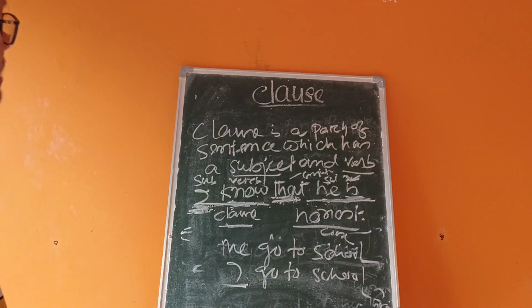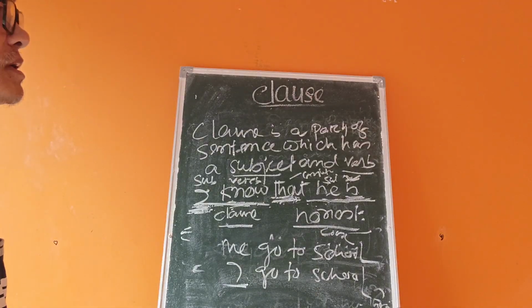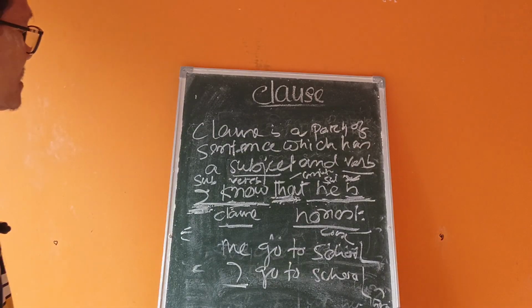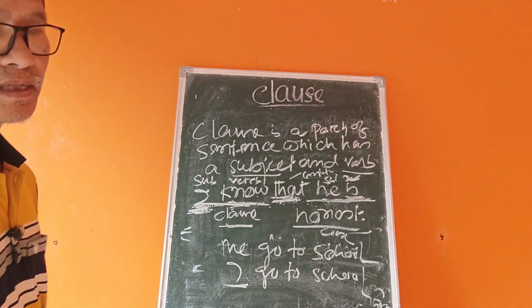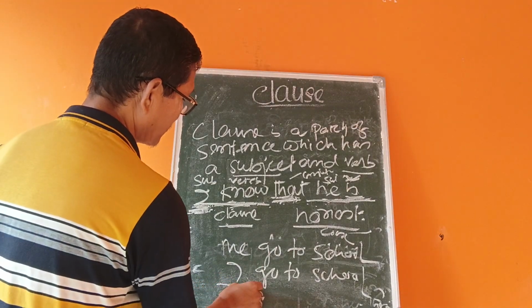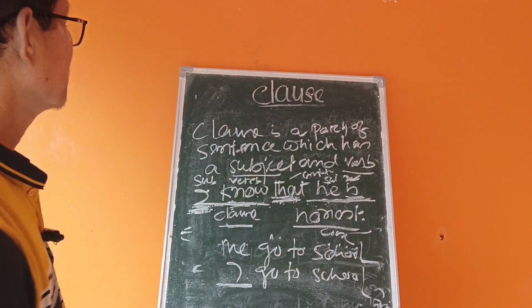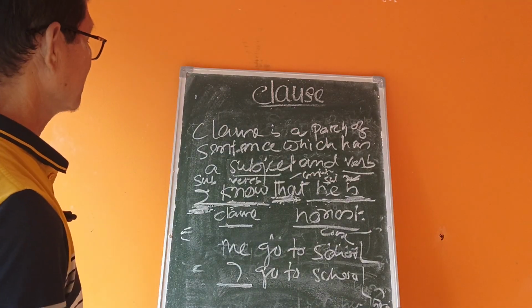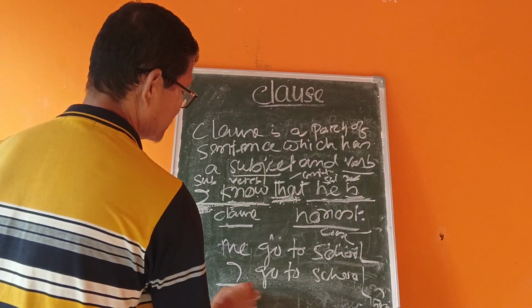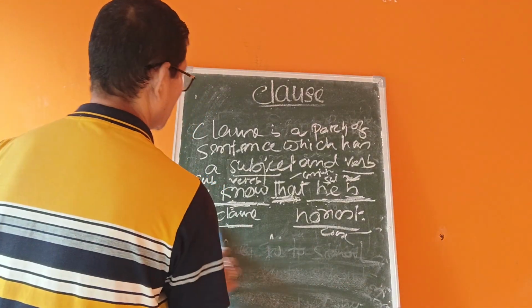Therefore, to become a subject in a sentence, it will be a subjective pronoun or subjective noun. There are also subjective nouns and objective nouns. Only a subjective pronoun will take the place of the subject.